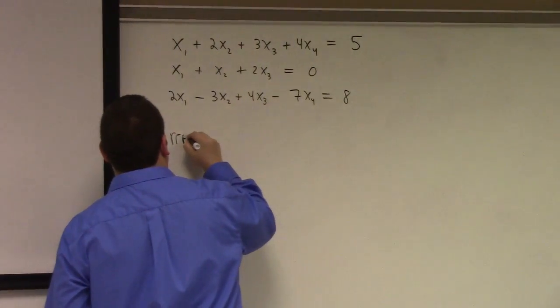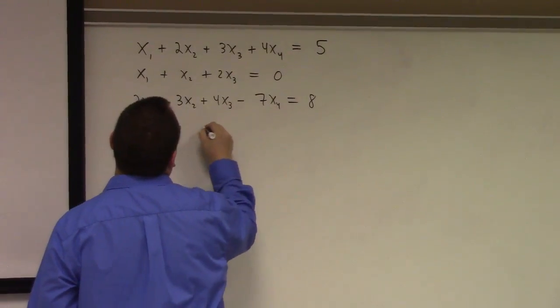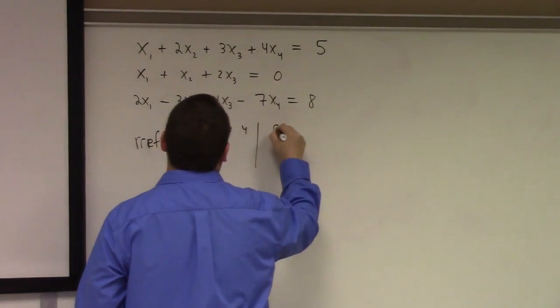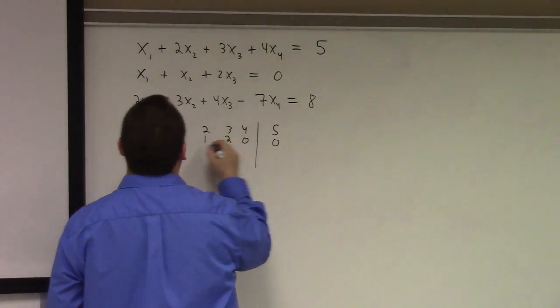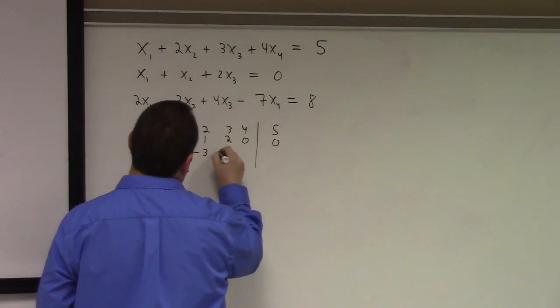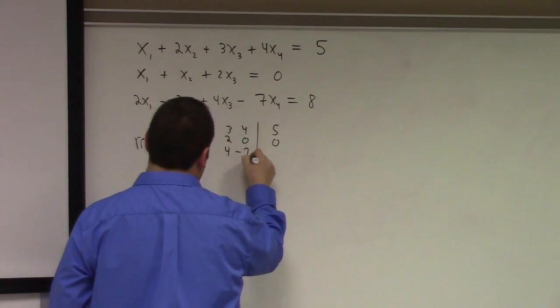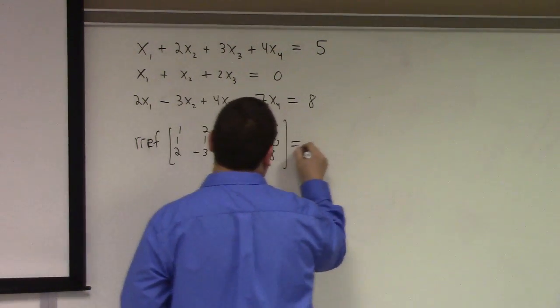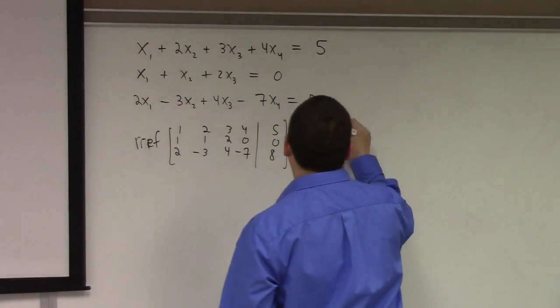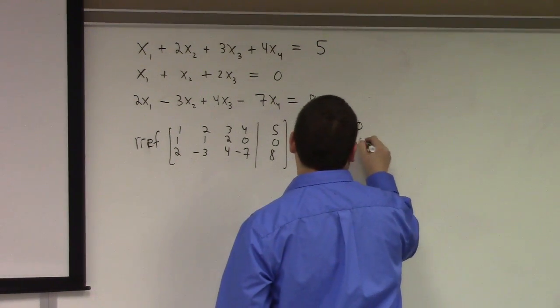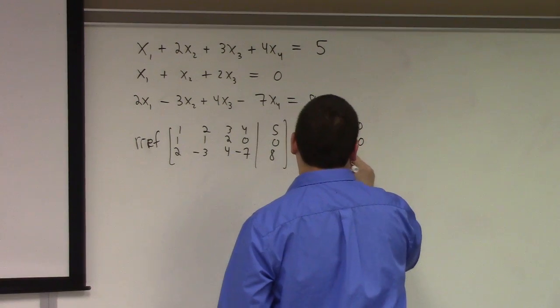The reduced row echelon form of the matrix 1, 2, 3, 4, 5, 1, 1, 2, 0, 0, 2, -3, 4, -7, 8 is equal to what? 1, 0, 0, 0. I'm doing the first 3 columns because I know what those are.